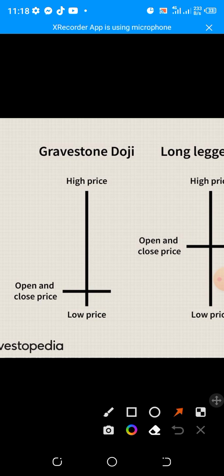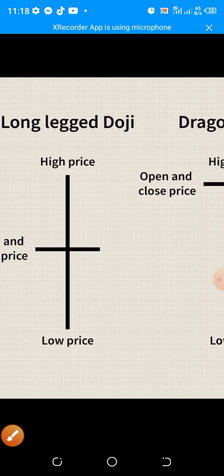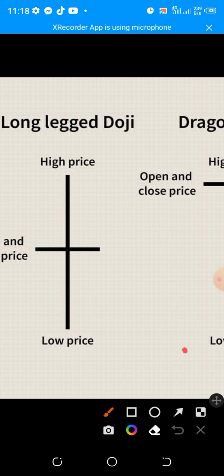If you find it at the end of the bullish movement, it implies that the price may depreciate. Then we also have the long range Doji. This implies indecision in the market because the buyers are equal to the sellers.